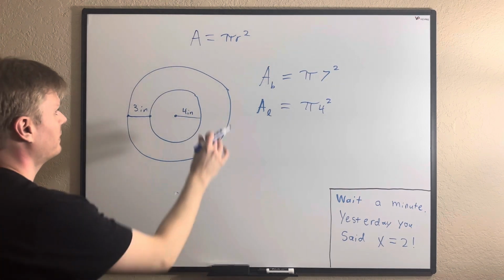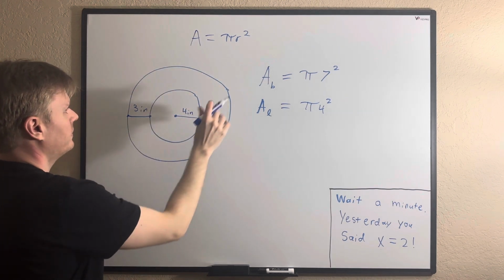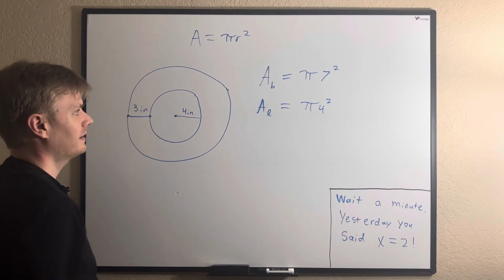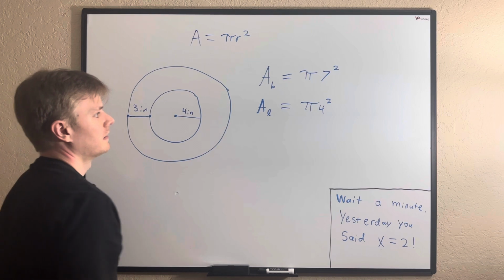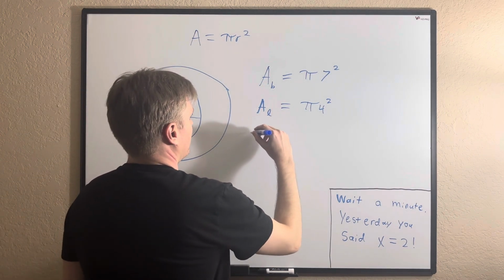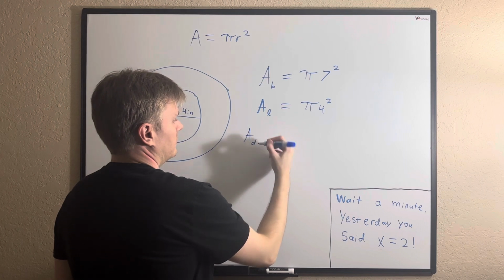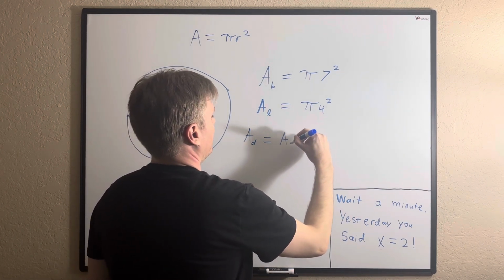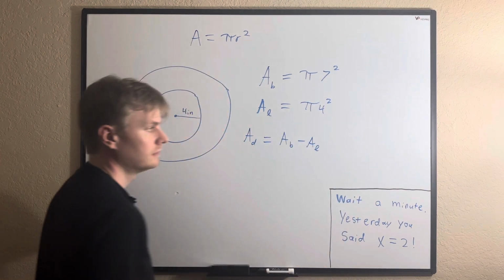Well, how do we get the area between them? Well, you simply take the big circle area and you subtract that little circle area and you'll get whatever's left. So area of the disk is area of the big circle minus area of the little circle.